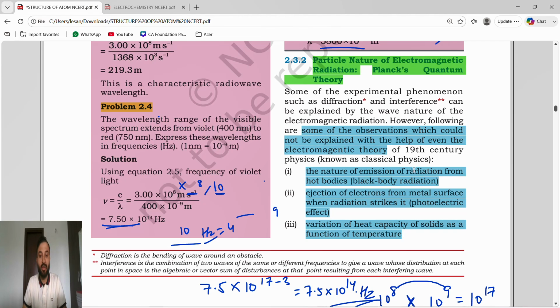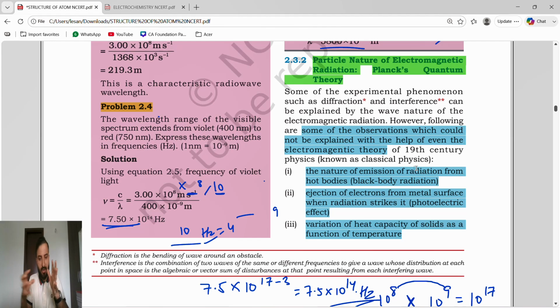Hot bodies are nothing but what we can also call a black body, because when it becomes hot, we call it a black body. So don't get confused between black body and hot bodies.